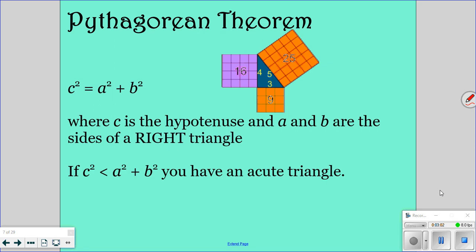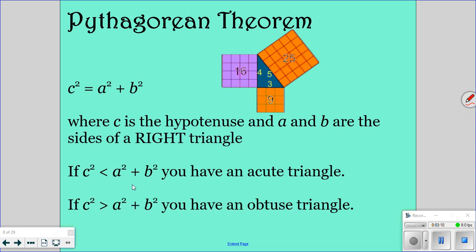If your a squared plus b squared is bigger than your c squared, you're going to have an acute triangle. And if it's smaller, then you're going to have an obtuse triangle. So here is what I like to think of. If you have one leg and another leg, and then you have your hypotenuse, that's a right triangle.